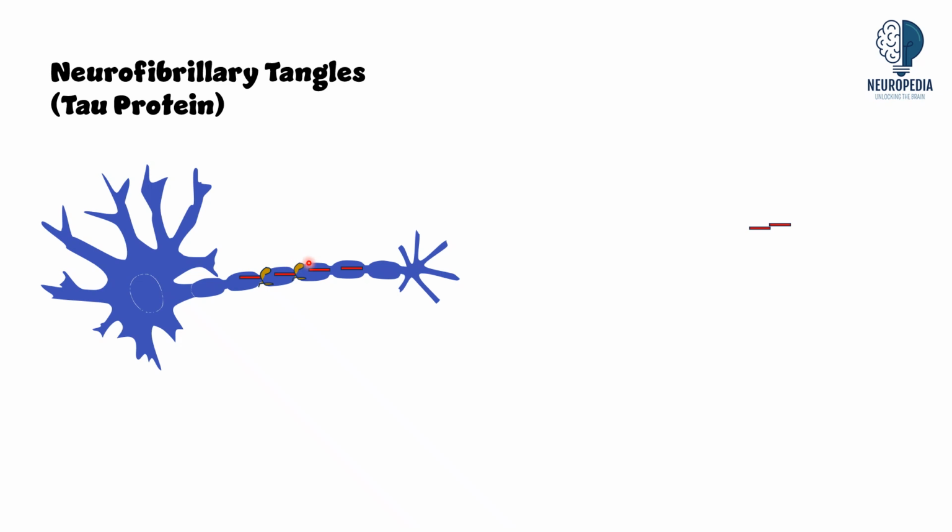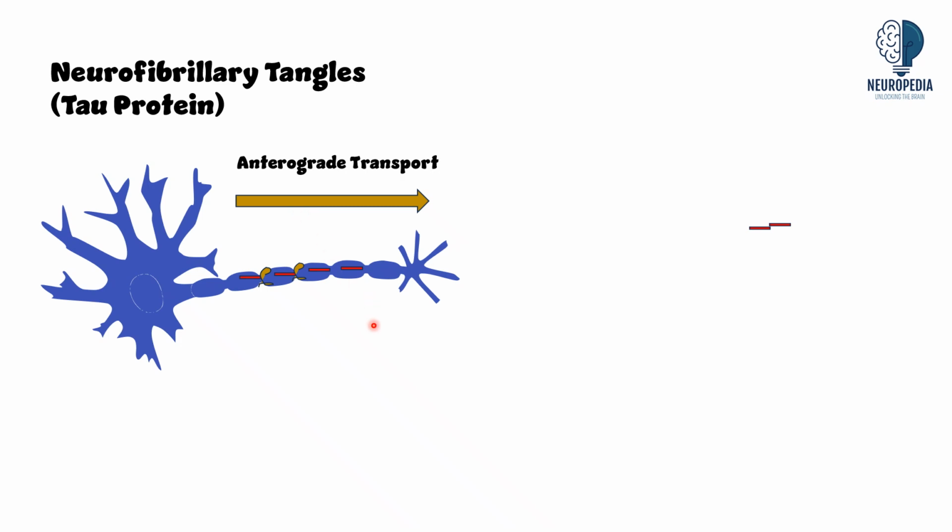These are the tau proteins, which are important in stabilizing these microtubule tracts. If the transport is from the soma to the axonal terminal, this transport is known as anterograde transport.